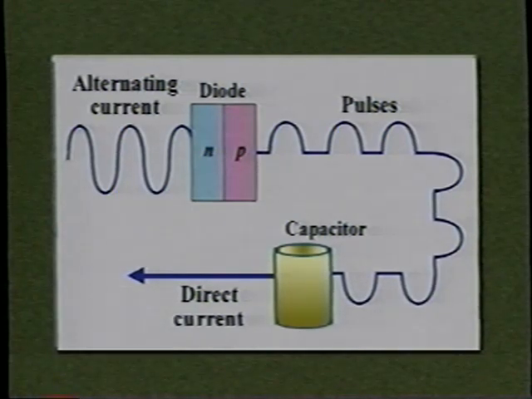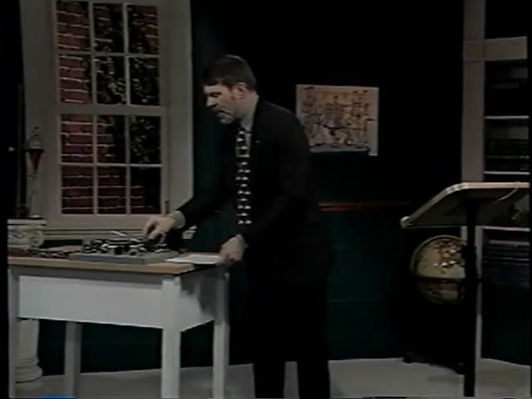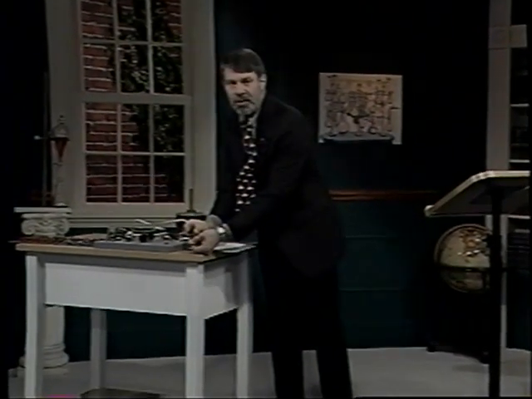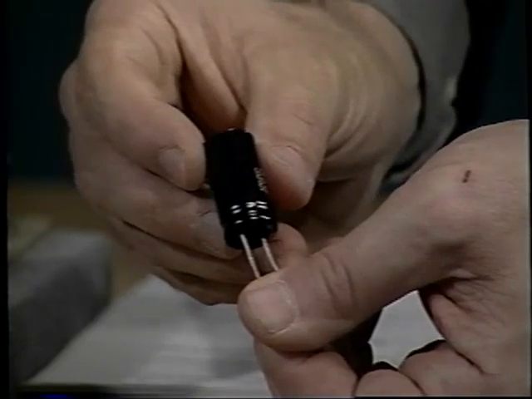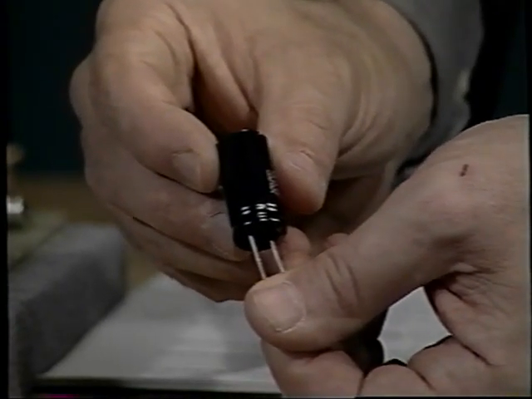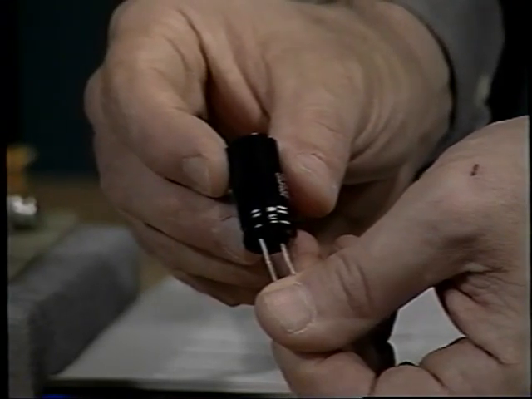Now, those pulses aren't a very good way to control electricity in a device, so you need yet another electronic device, this called a capacitor or a condenser. And a capacitor or a condenser acts like, for all the world, like a miniature rechargeable battery that recharges very quickly. You pump electrons into this device, it charges up, and out the other end flows a direct current.